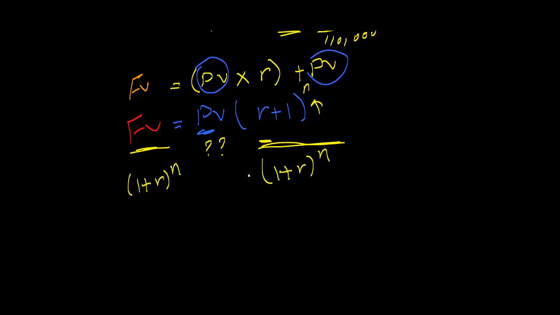So those sides are going to be equal, and this one goes with this one. We're going to be left with the present value equal to the future value divided by 1 plus R to the power of n. And this is my present value here.